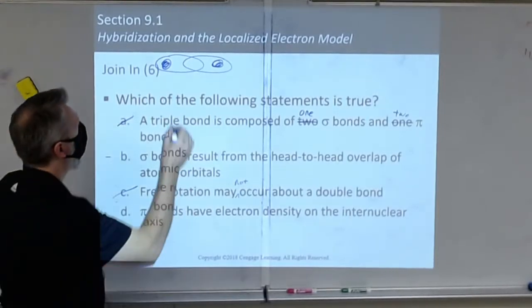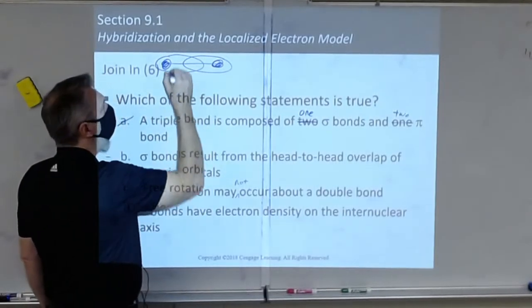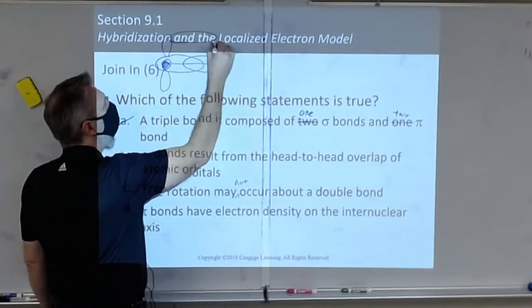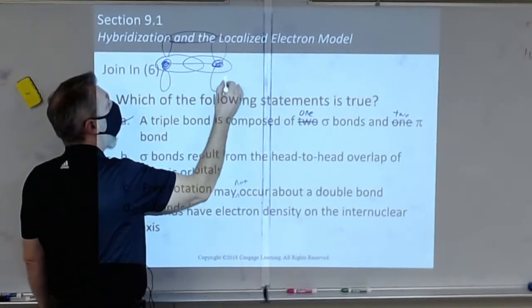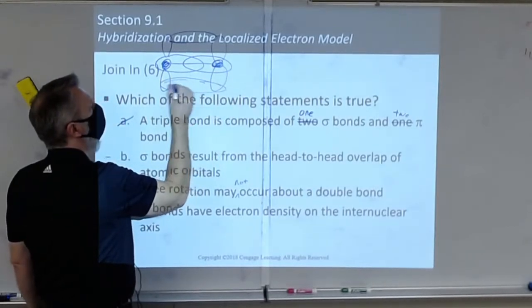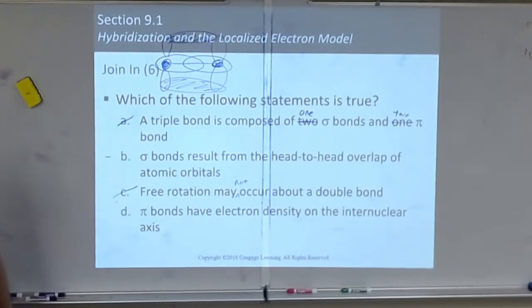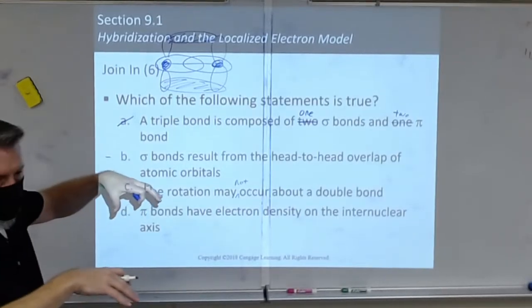That's my sigma bond. Remember, this is my pi bond here. Is that overlapping on the central plane? No, it's above and below or left and right, however you want to think about it. It depends on which one you're talking about.